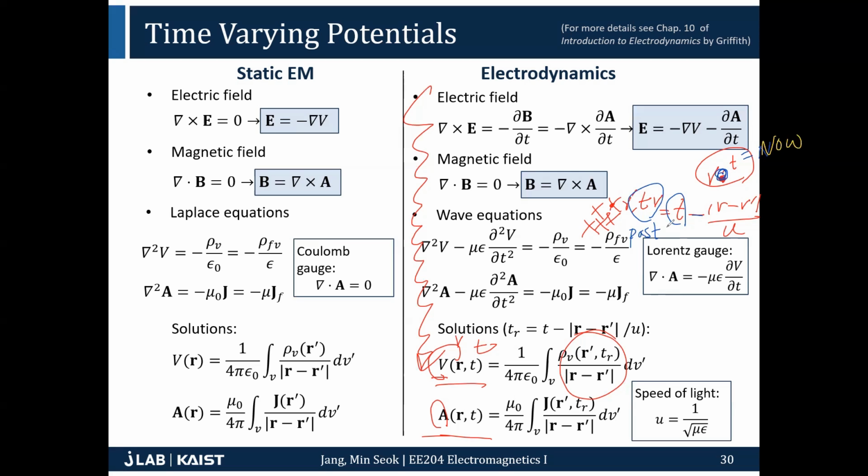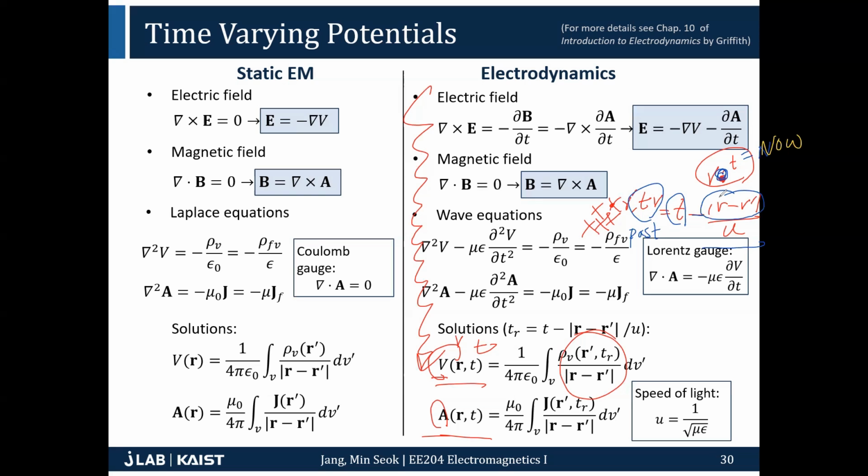So the source in the past affects the field at this time, and the time difference is defined by the actual distance between these two positions divided by u, the speed of light. So this tells you about causality. Causality means 인과율, 인과관계.